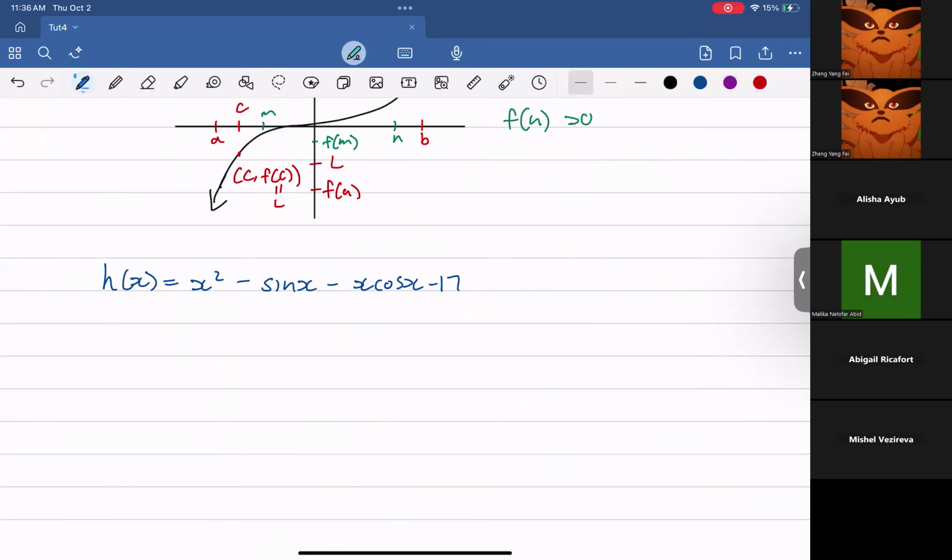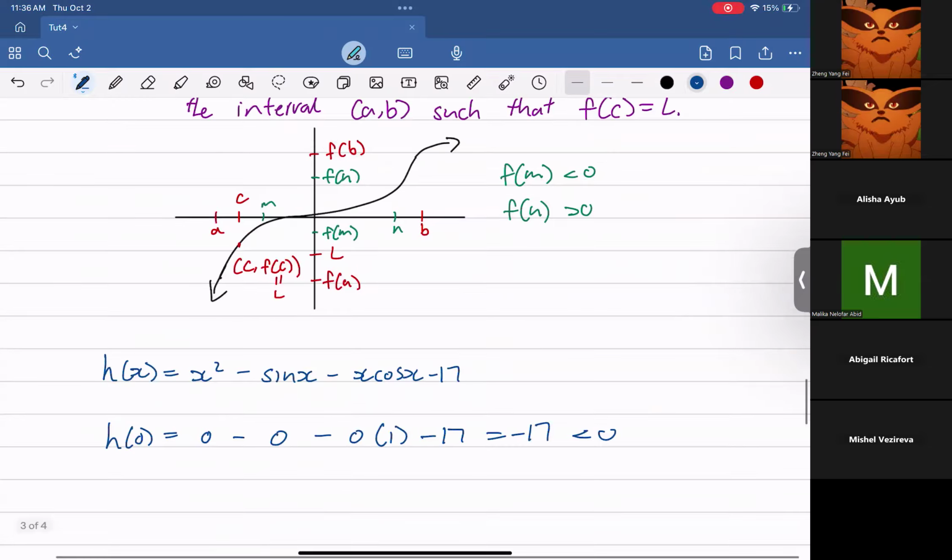If you do f of 0, or h of 0, this is going to be equal to 0 minus sine of 0, which is 0, minus 0 times cos of 0, which is 1, minus 17. So this is equal to negative 17, which is obviously less than 0. So our h here could serve as the value of M, right?